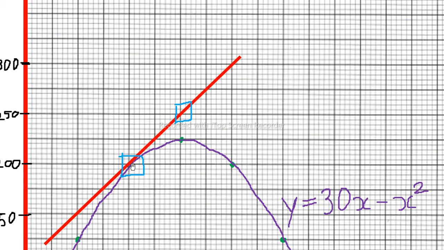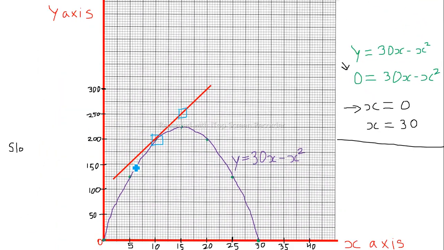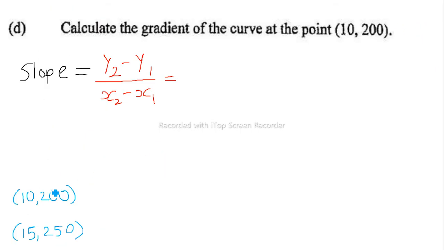So in our case, the first one we chose was 10, 200. That would be this one right here. This would be X1, and similarly this would be Y1. And then this one would be X2, and this one would be Y2.